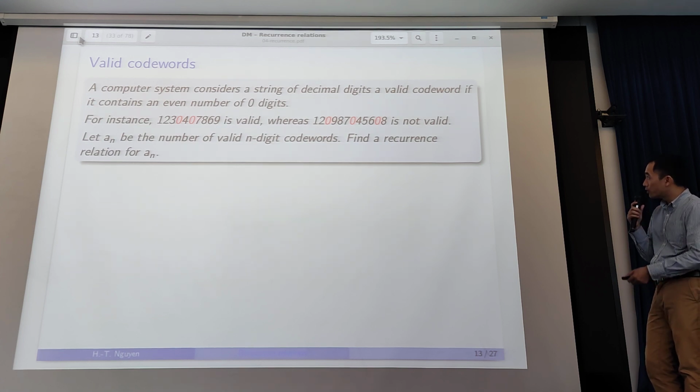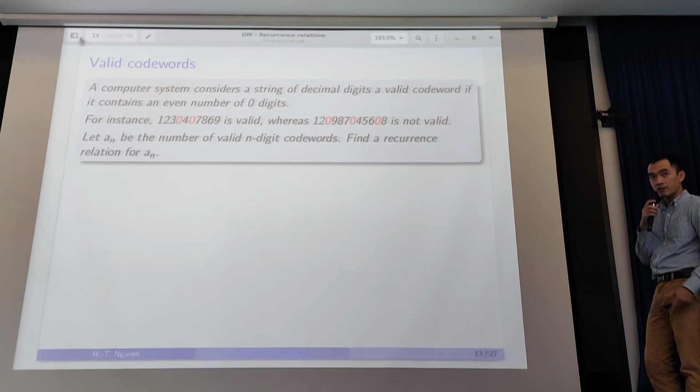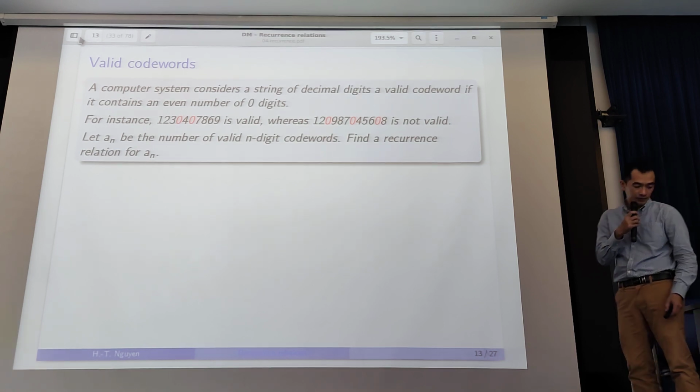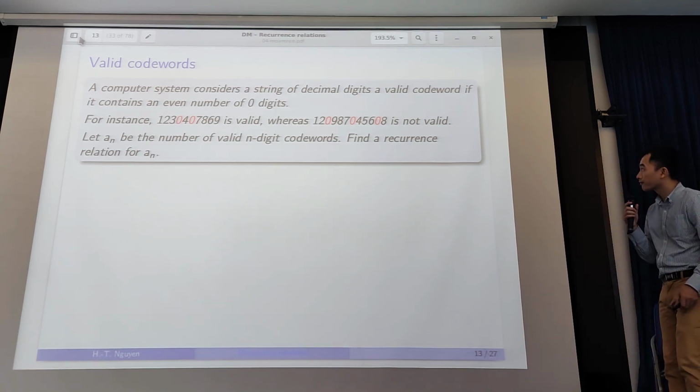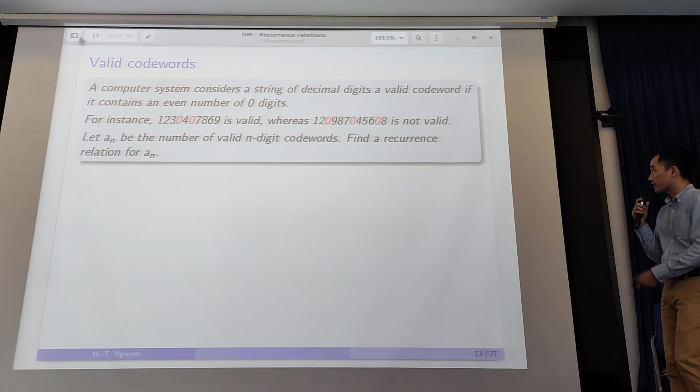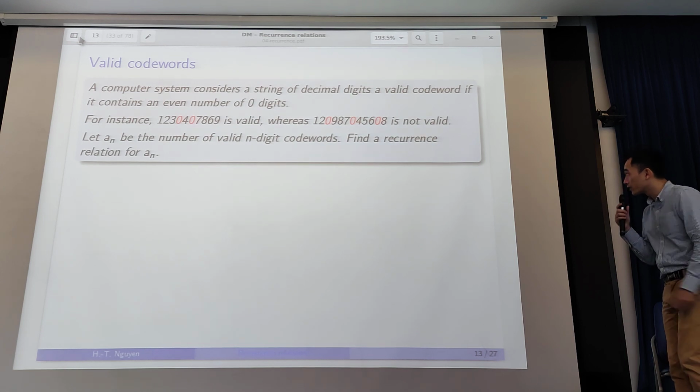That means that if you denote the number of valid code words of length n by an, then what is an? Can we find at least a recurrence relation for an? Okay. So before we look into the relation, let's calculate some initial values, because we need initial conditions anyway. Okay?